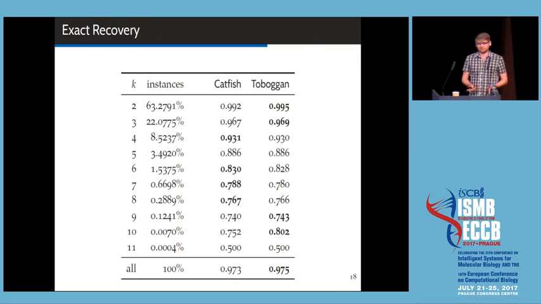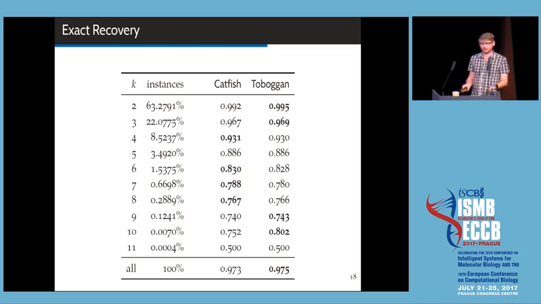And for the exact recovery, here's a comparison between our algorithm and the catfish heuristic. This shows the ratio of when we recovered the ground truth and output the correct solution for this assembly problem, and not just for the flow decomposition problem. And you can see that we have comparable performance.